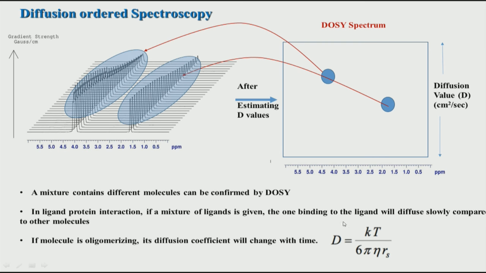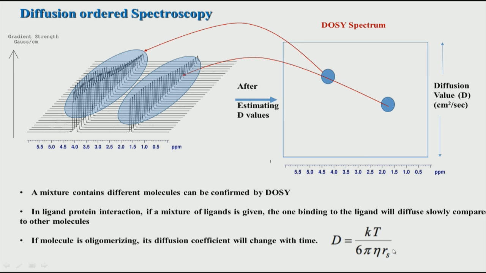And this is the viscosity of the sample, so the diffusion also depends on viscosity. If you have a viscous solution, the diffusion will be less. Similarly, if you increase temperature, diffusion will be faster. These are the different parameters which determine the D value.